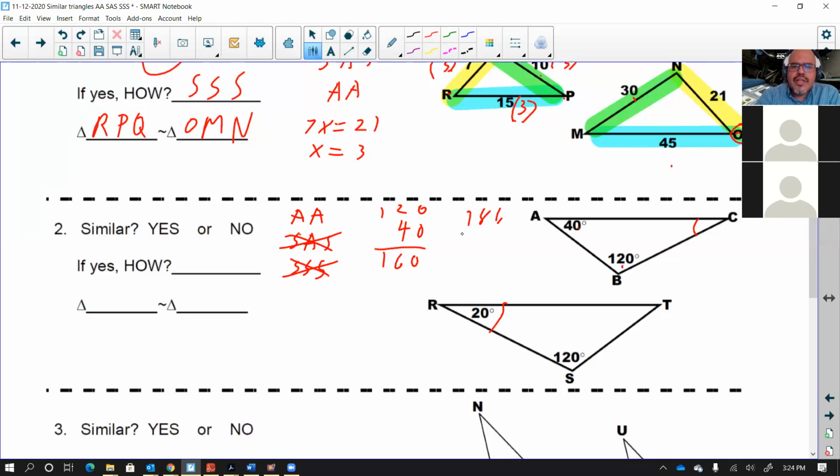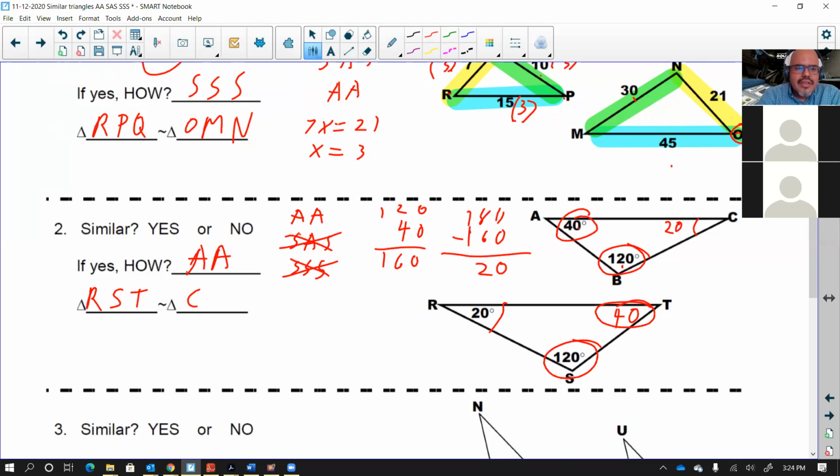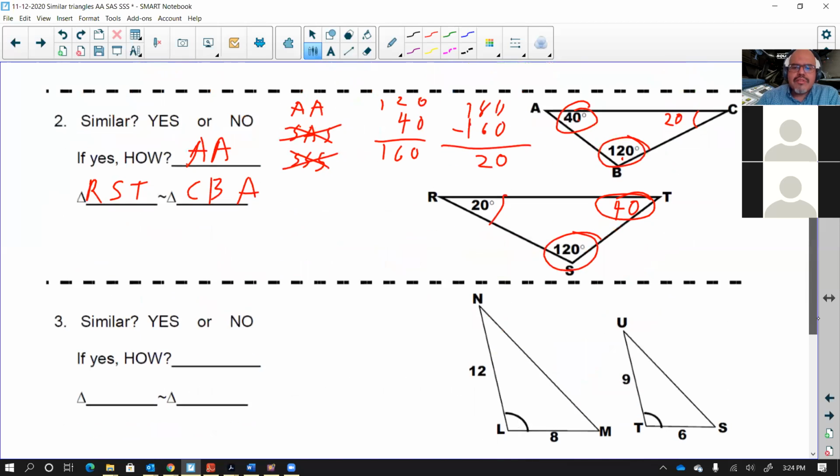If you take 180 and subtract 160, that's 20. So this gives me 20 right here, and this would be 40. So we have angle, angle similarity because we have two angles in common with the two triangles. And you can name that accordingly. Let's say R, S, T, and we're going to try this with C, B, A. I did a little bit backwards, but that's okay.